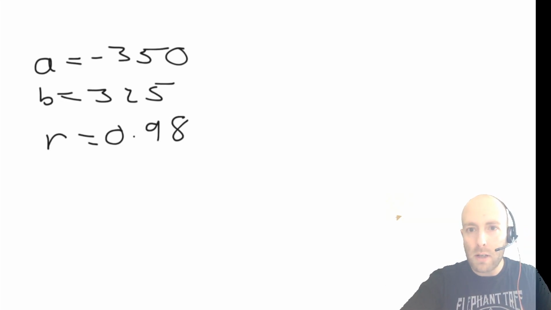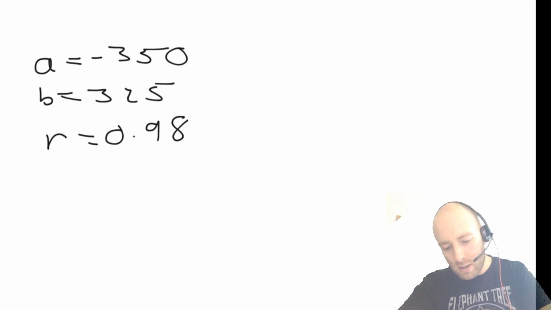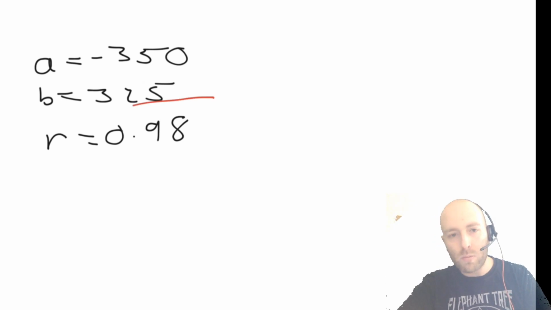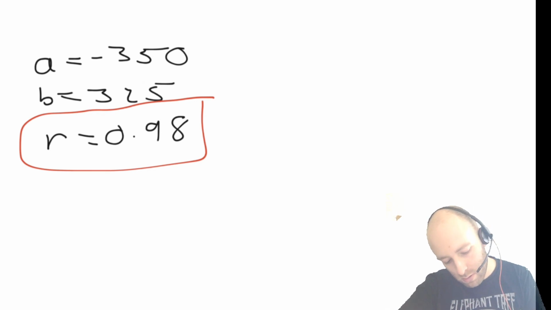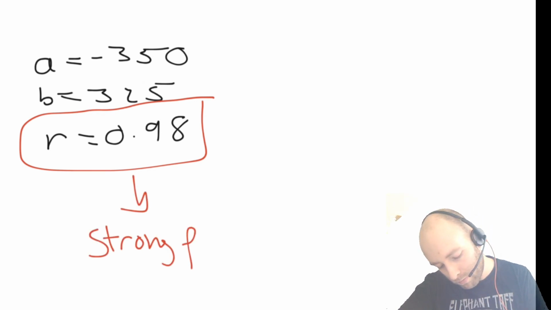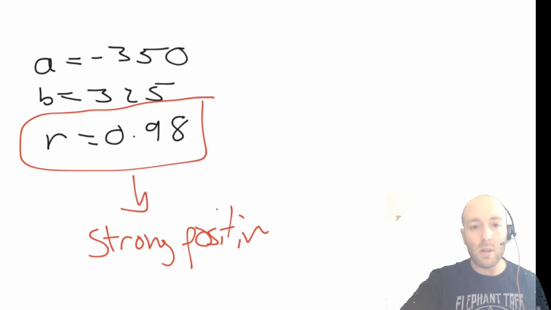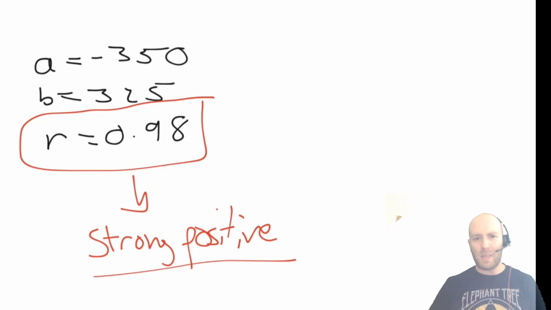So my correlation for this data, thanks Callum, I didn't see that, but yeah, cheers. My correlation is 0.98. So first of all, I have strong positive correlation. Which is good. If it was weak data, weak correlation, there would be no point plotting a line of best fit because it wouldn't be linear data.